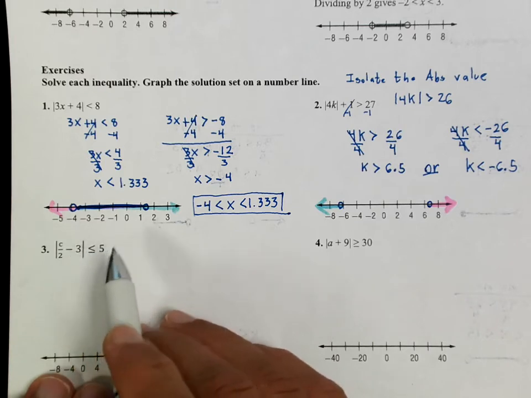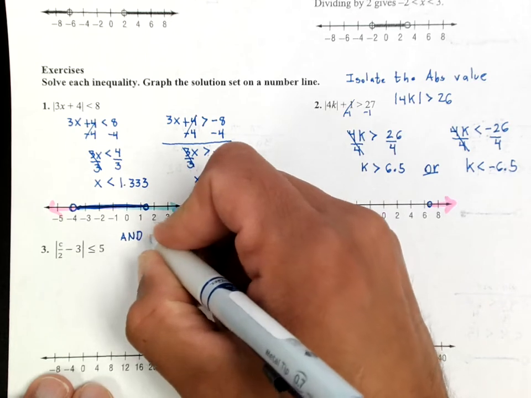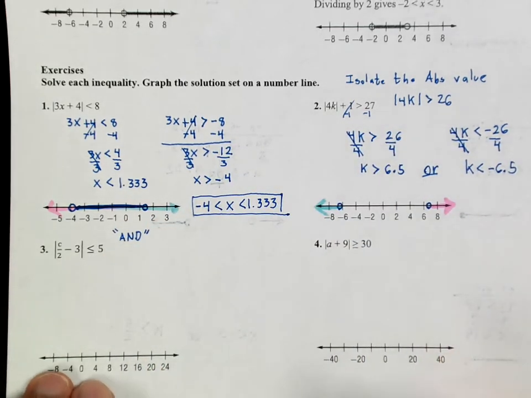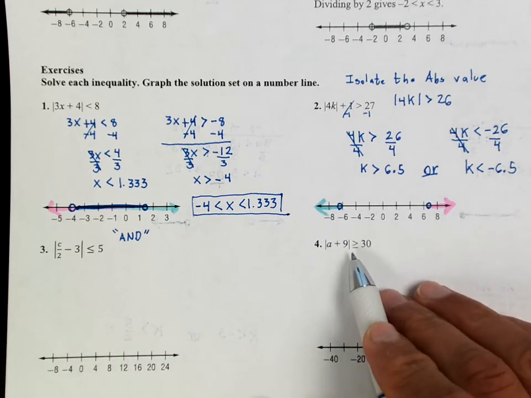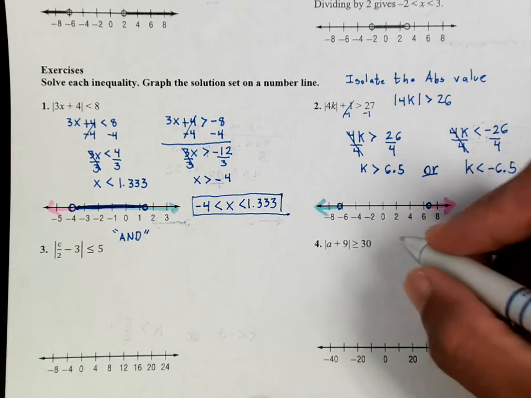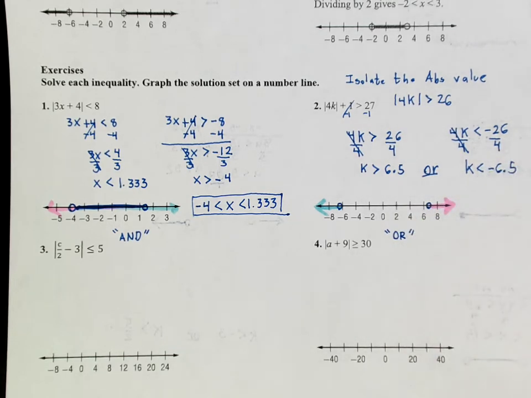So anytime it's less than, this is going to be an AND statement. And when you have an absolute value greater than or equal to, in this case, this is going to be an OR statement.